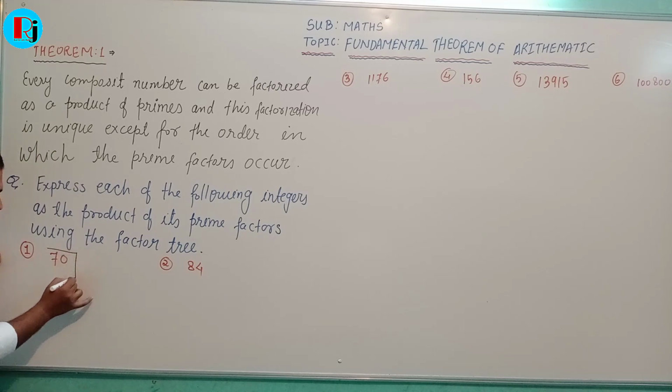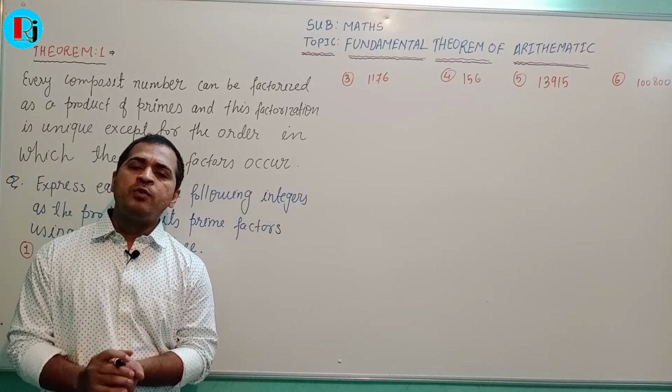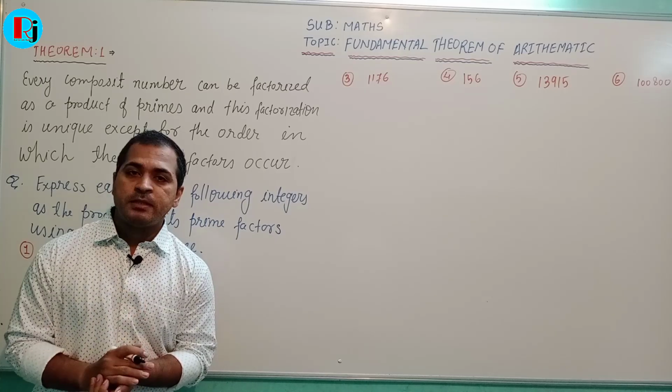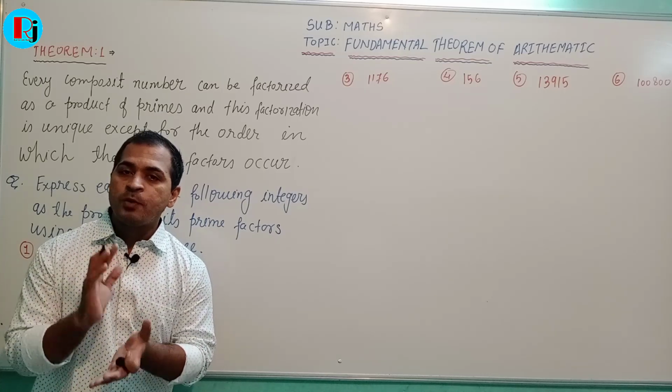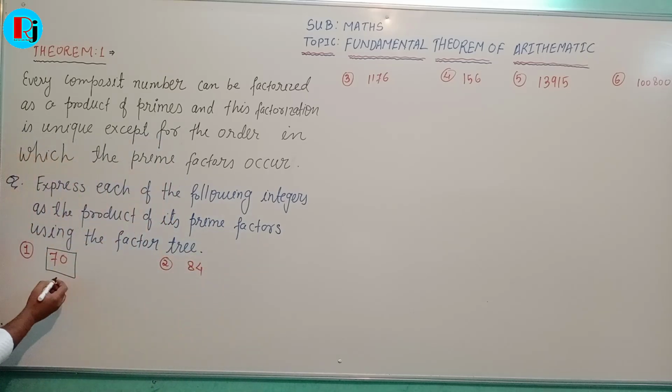First of all, students, whenever you are doing the factorization, you will have to consider the smallest prime number. The smallest prime number is 2. So 70 is to be divided by 2. Here we are getting 35.